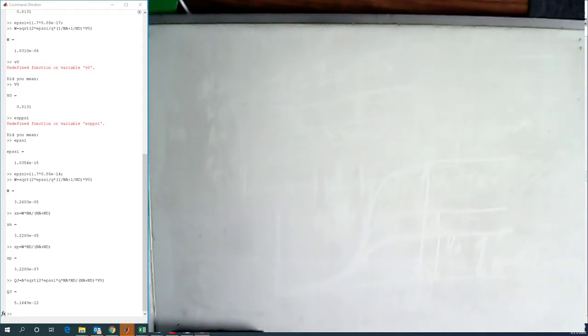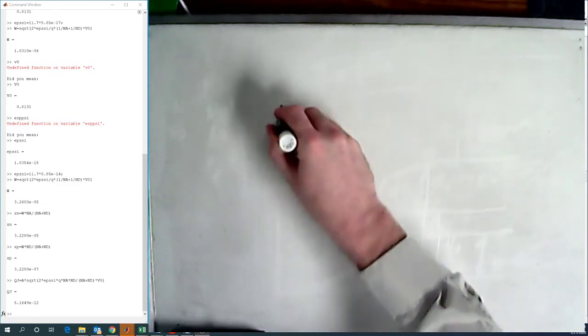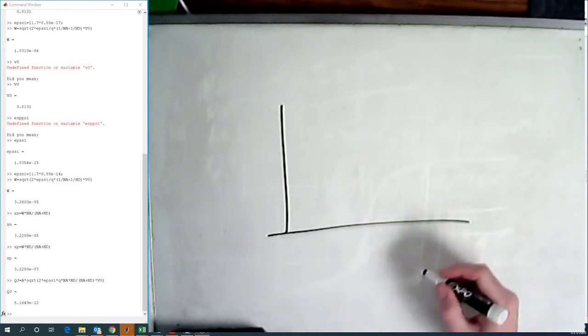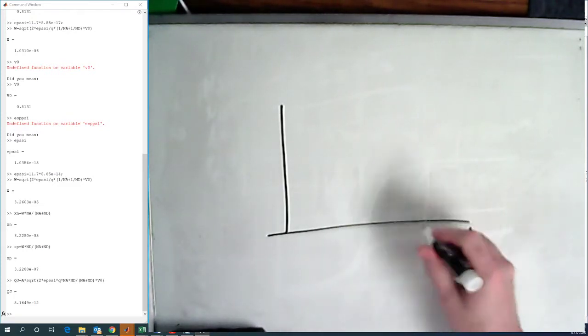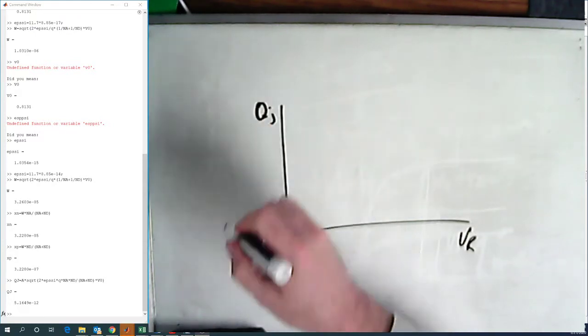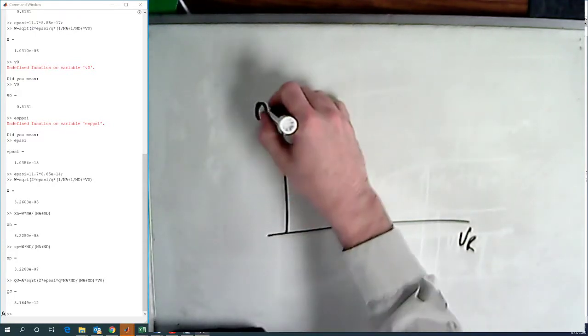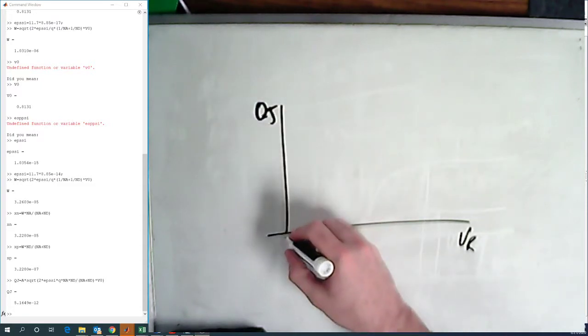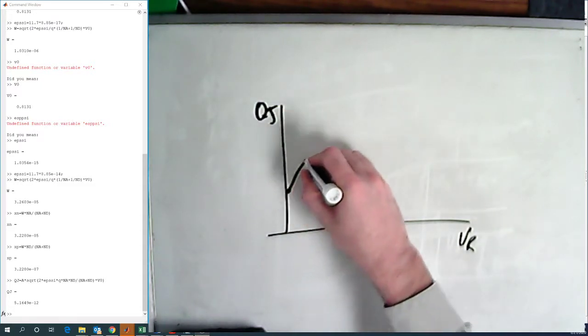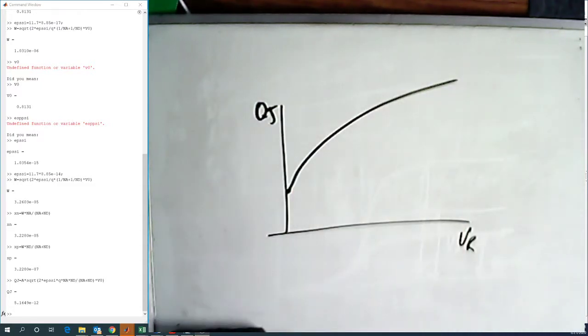What ends up happening is, if we were to plot the reverse voltage, VR, versus the junction charge, we would end up with a curve that kind of looks like this.